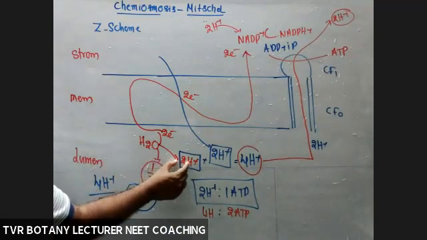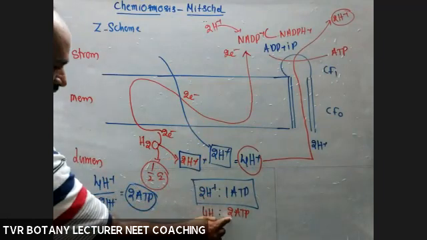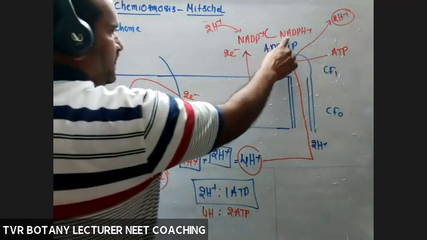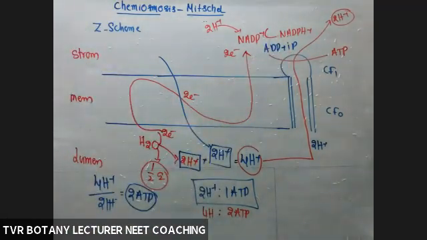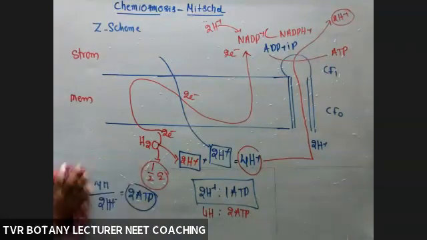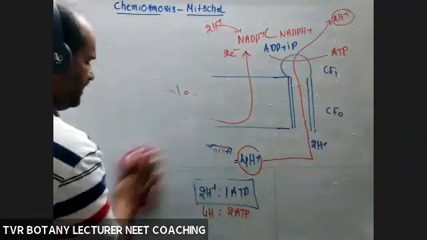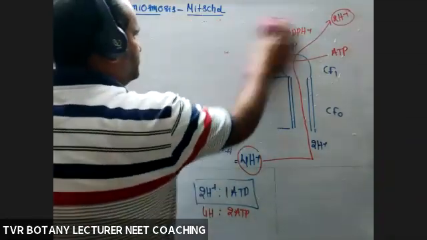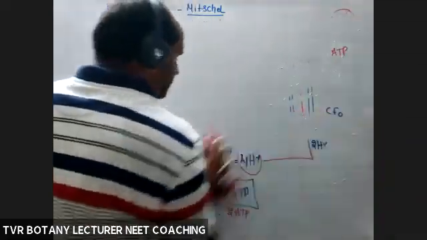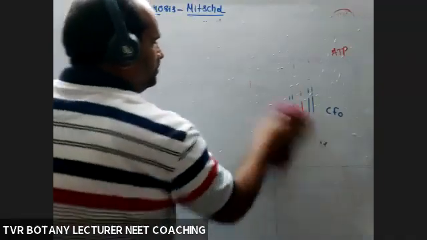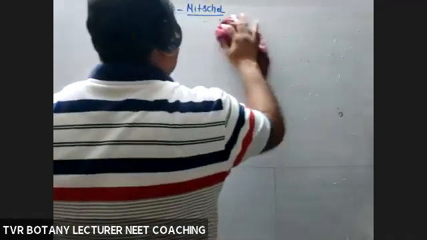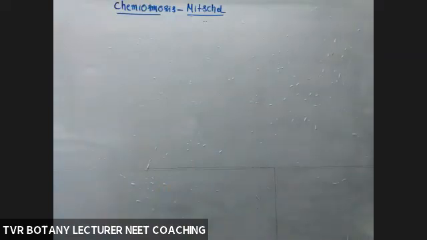So out of one H2O molecule, how many ATP are produced? 2 ATP. How many NADPH plus? 1. So according to that statistics, what about the total number of ATP and NADPH plus possible out of 12 molecules of H2O photolysed?